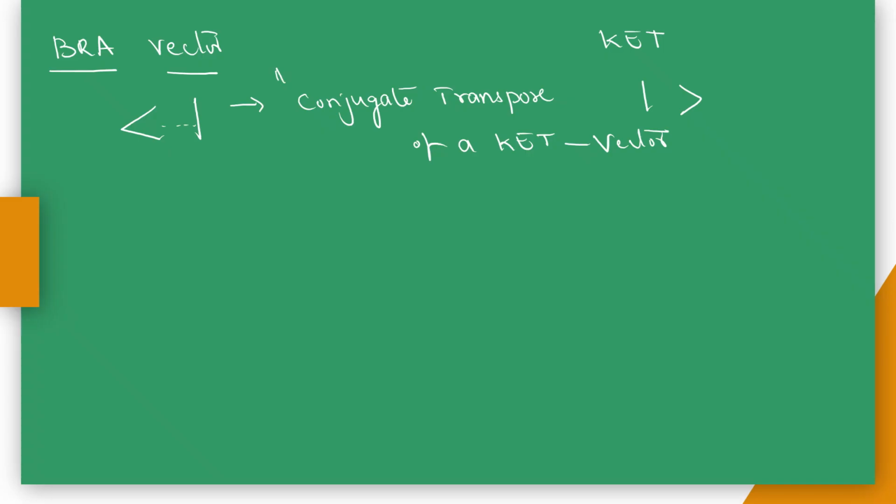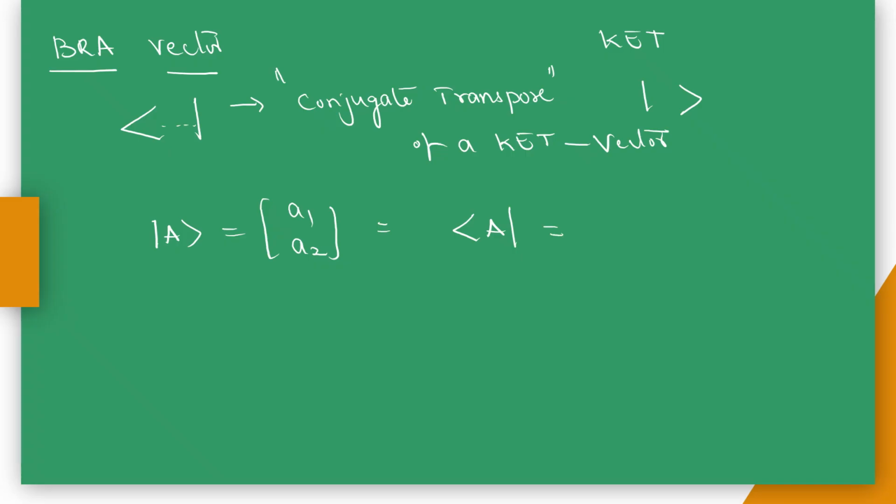I hope you know about the conjugate transpose. That means the column is converted to a row, and the complex numbers are taken as complex conjugates. For example, if ket A is taken as A1 and A2, how can we write bra A? It is the complex conjugate transpose.